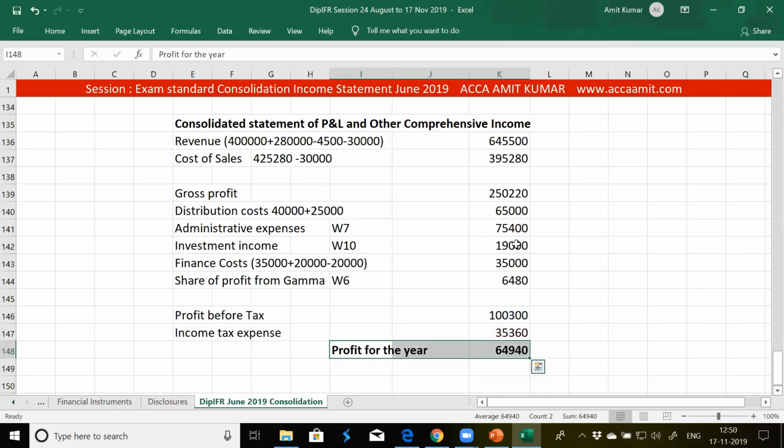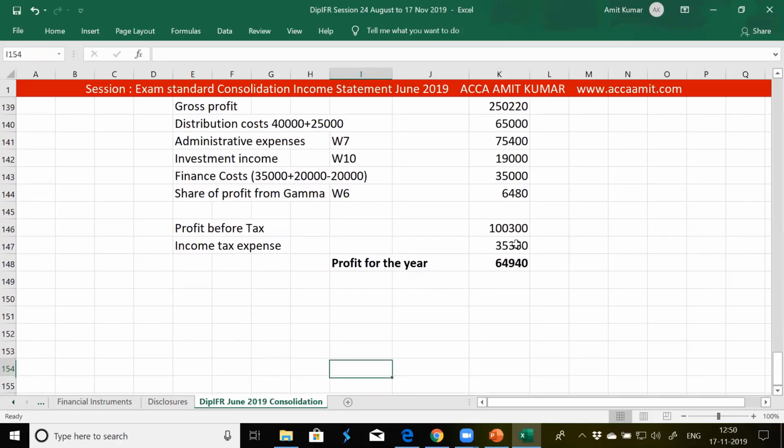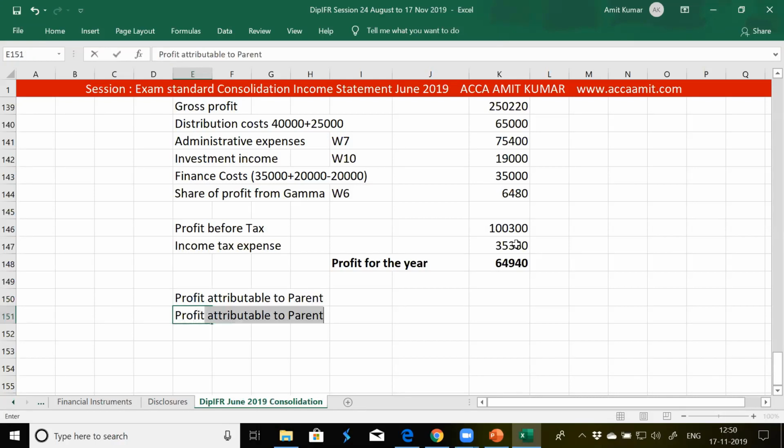Now we have to divide this profit between parent and NCI. How is this divided? Profit attributable to parent and profit attributable to NCI. This is the area which I was trying to calculate earlier so that I don't get to see a problem here.